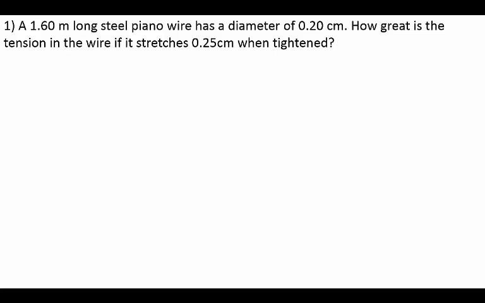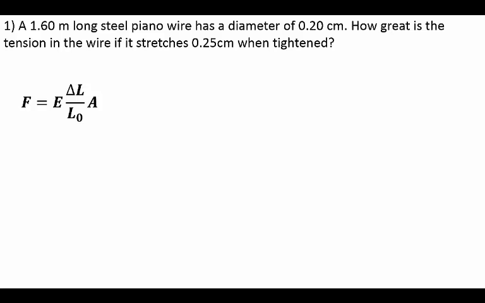So we should do a couple of problems. In this first problem, we're going to take a 1.6 meter long piano wire, which has a diameter of 0.2 centimeters. How great is the tension in the wire if it stretches 0.25 centimeters when tightened? So we have a Young's modulus equation problem. Here's our equation. We know everything except the area, so let's compute that real quick.